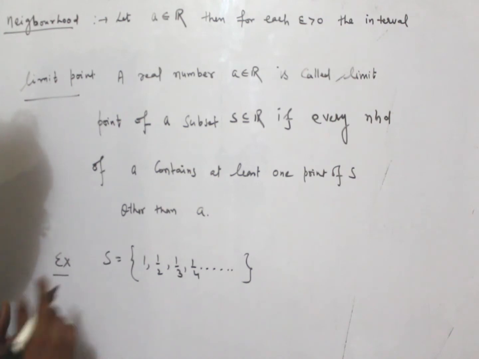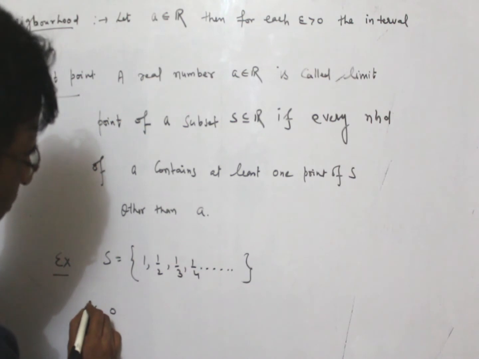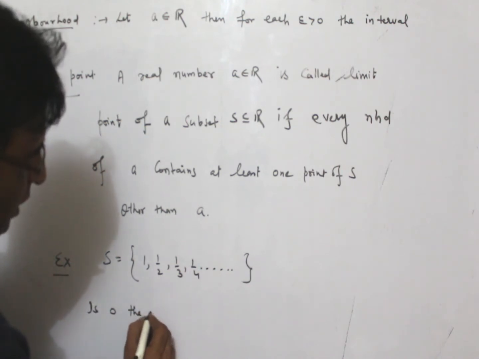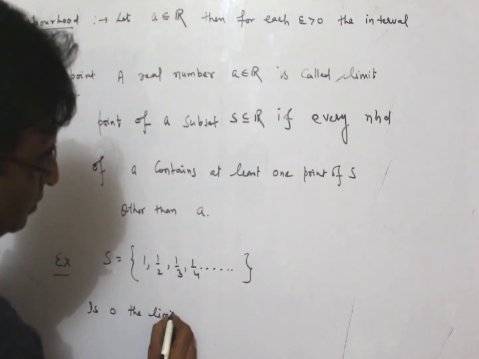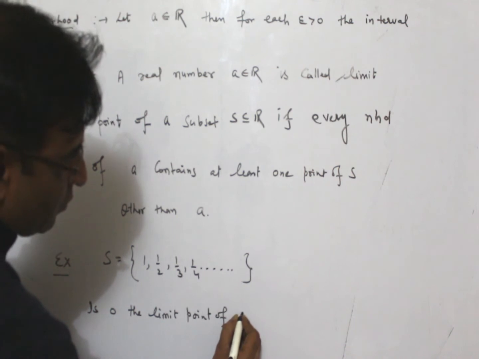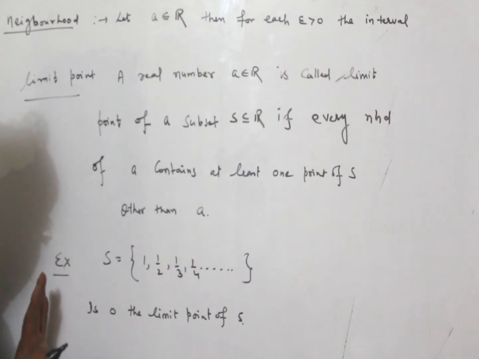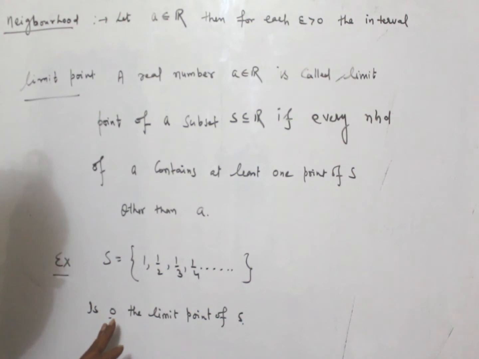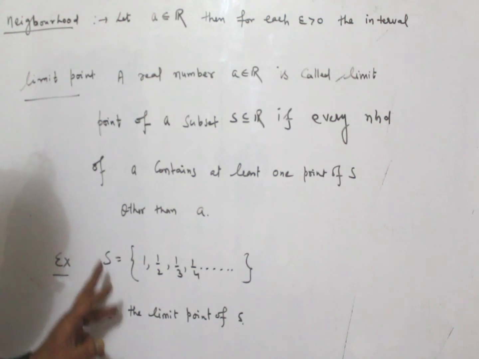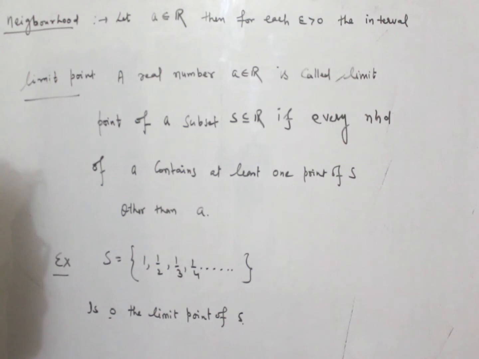So my question is, is 0 a limit point of S? How do we check? We first draw a neighborhood around 0, and if every neighborhood of 0 contains some element of S, then we say 0 is the limit point.